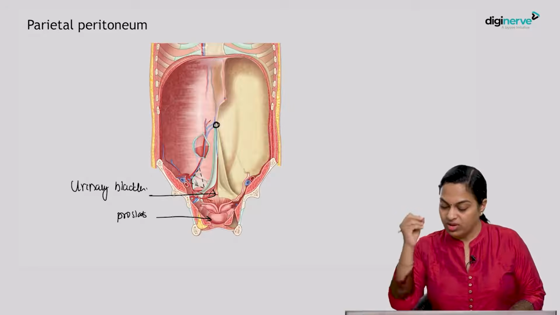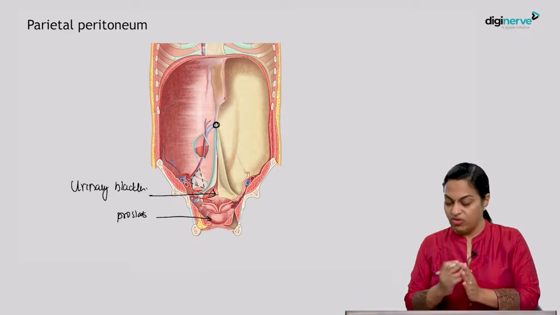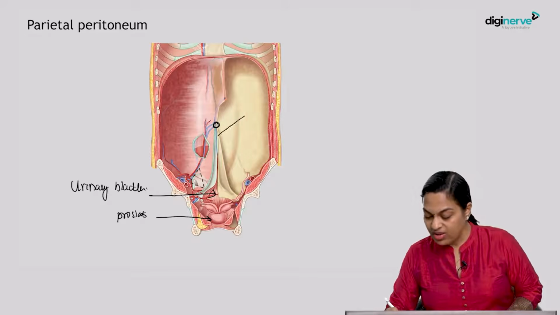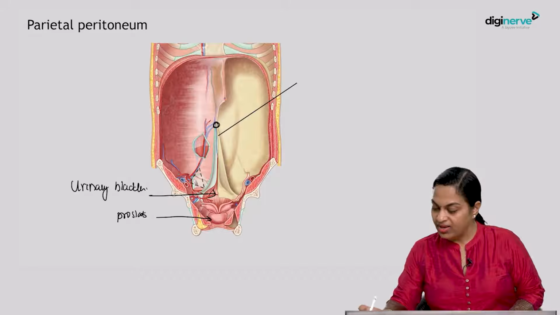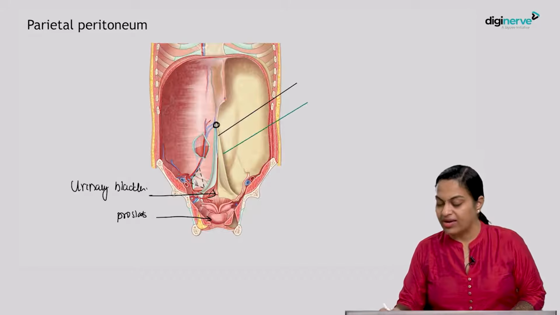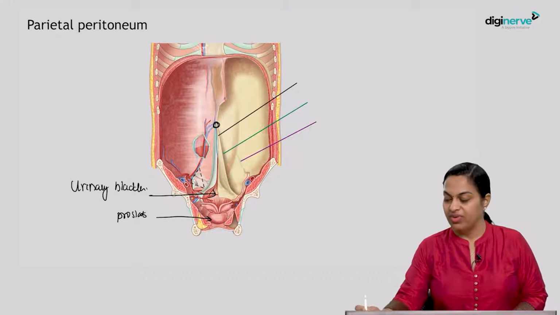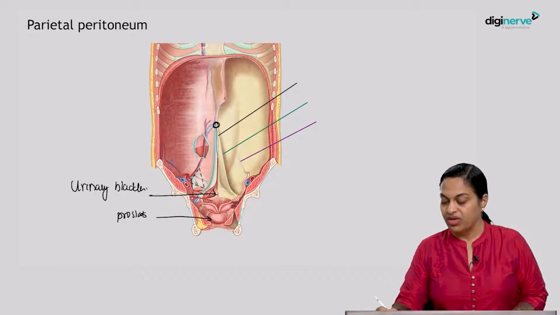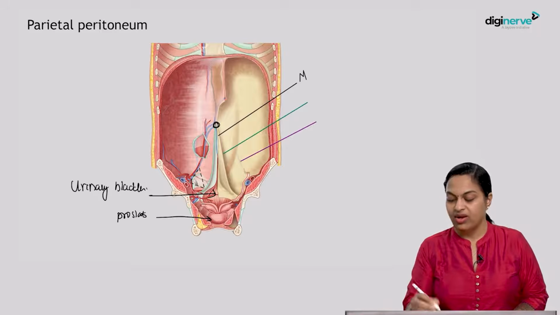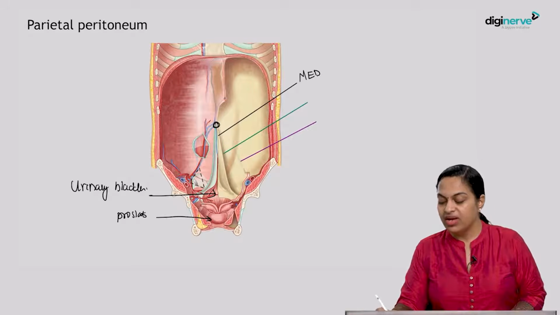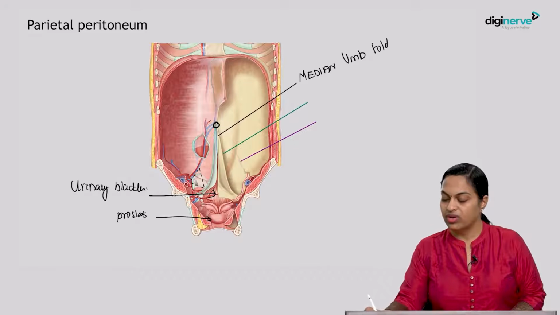Can you make out 3 peritoneal folds there? This one in the midline, and this one just lateral to it, and this one even more lateral. So from the midline, if we begin, this is going to be the median umbilical fold.